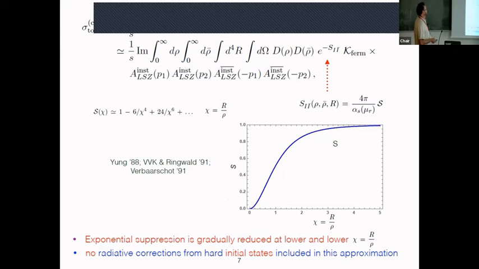The instanton anti-instanton action on this instanton anti-instanton Valley configuration has been computed in a certain approximation by Yung, and then Ringwald and myself, and then Verbaarschot in the early 90s.